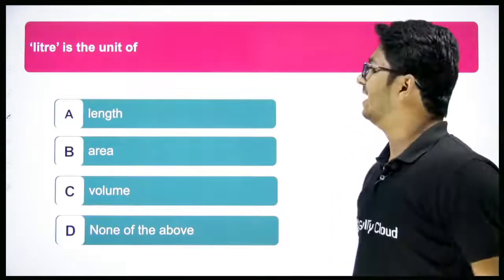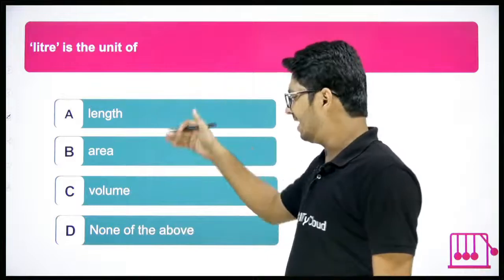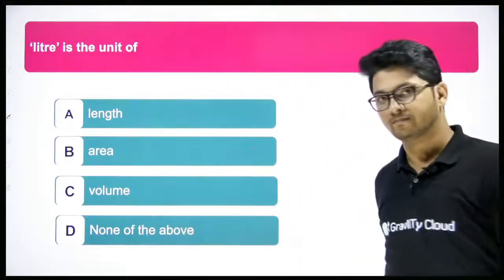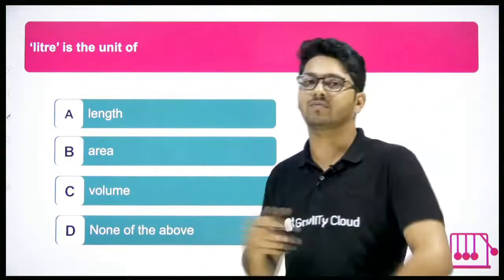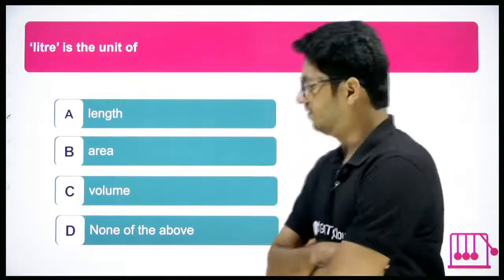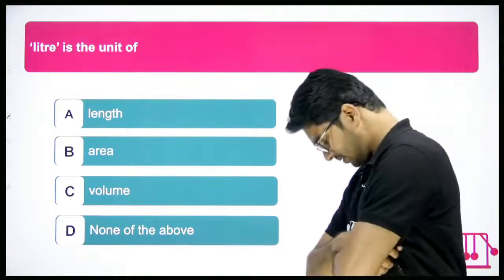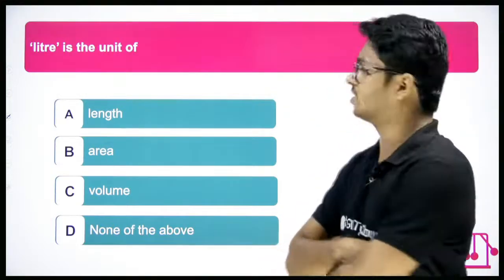Then, liter is the unit of length, area, volume, none of the above. Liter is the unit of what? What do you think is the answer, everyone? Very simple, straightforward question.